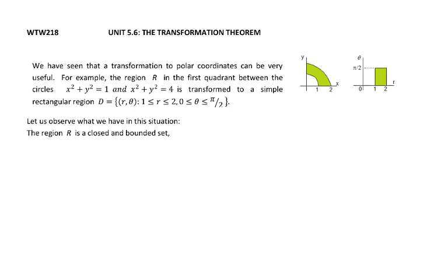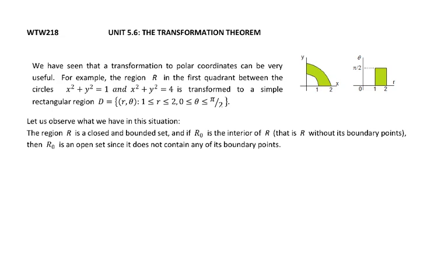The first thing that we note is that the region R in the first quadrant is a closed and bounded set. We also note that if R subscript 0 is the interior of the region R, that means R without its boundary points, then R subscript 0 is an open set since it does not contain any of its boundary points.